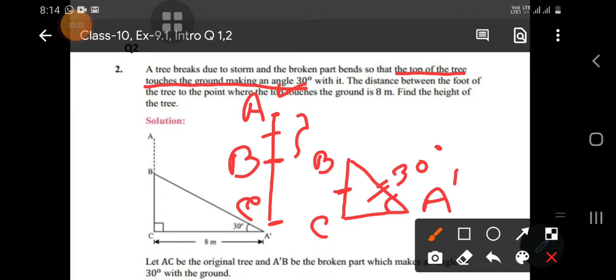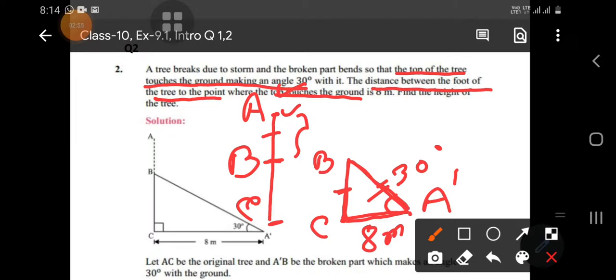Another thing that is given is the distance between the foot of the tree and the point where the top touches the ground. So C is the foot and A dash is the position where the top touches the ground. So the distance CA dash will be 8 meters. After breaking, the position of the tree will be like this, bent in this way, it fell from here.